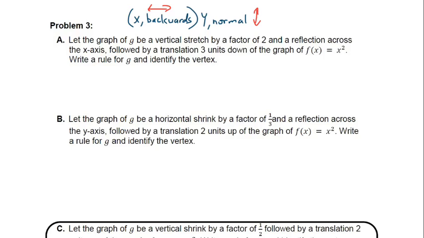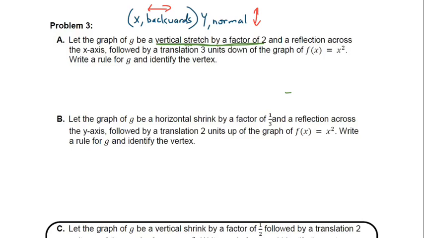Let the graph G be a vertical stretch by a factor of 2 and a reflection across the x-axis, followed by a translation 3 units down. Okay, so first things first, I'm going to find everything that's outside. A vertical stretch by a factor of 2, well, that's outside.